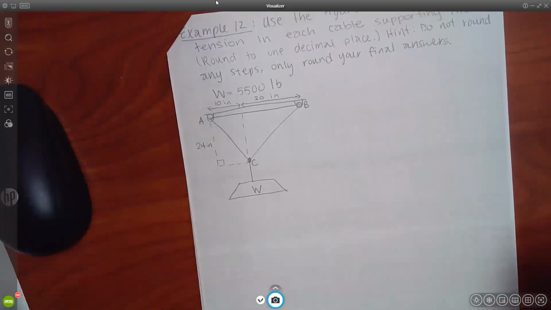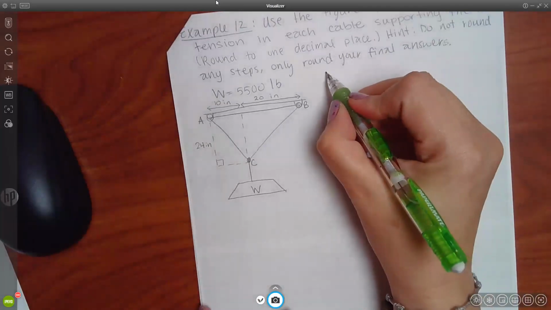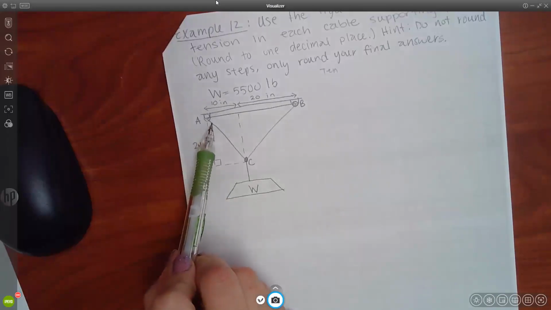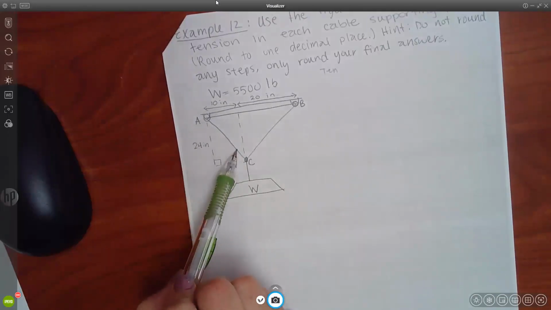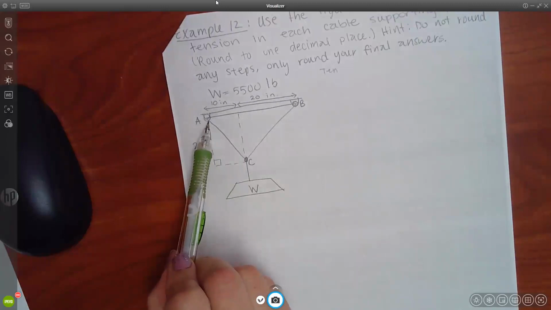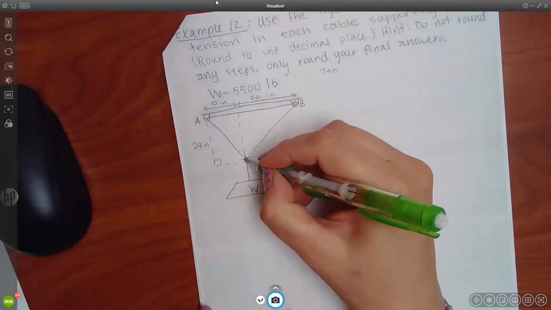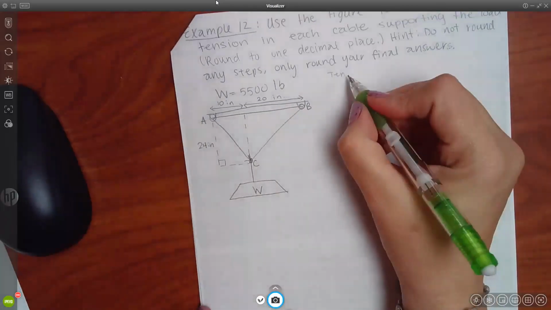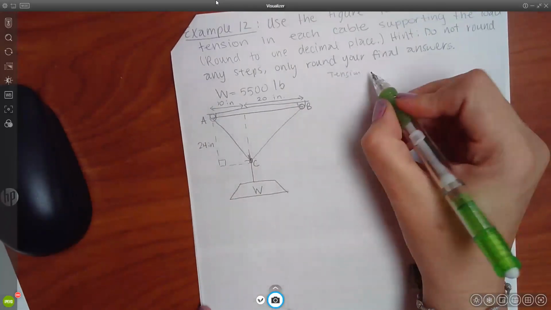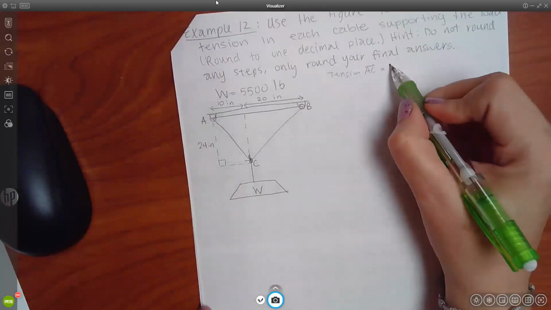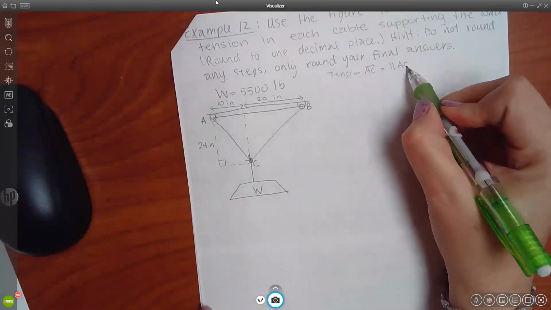Okay, here goes. One thing you need to know is that the tension of this cable here, okay? To identify this cable here, I'm going to use the vector AC. So I'm going from A toward C. So the tension from that vector, okay, is found by taking the magnitude of that vector.